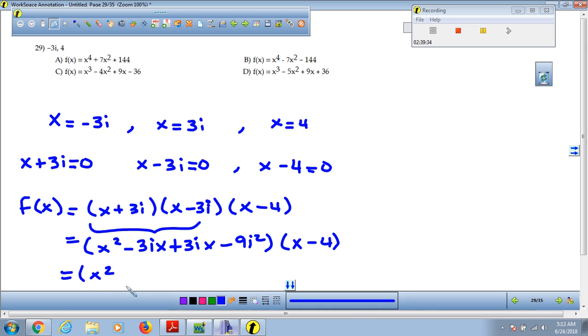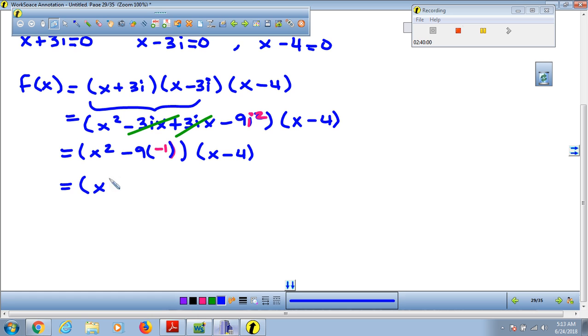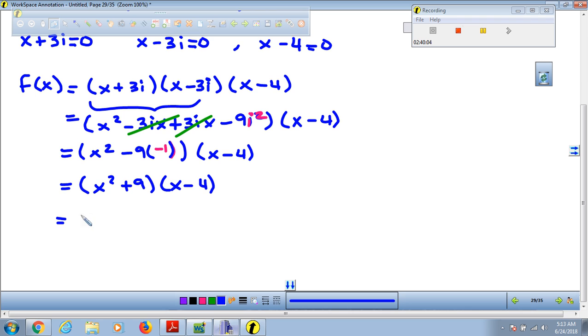So x squared, these two cancel, minus 9 times a negative 1 because of the i squared. X squared plus 9 times x minus 4. X to the third power minus 4x squared plus 9x minus 36.